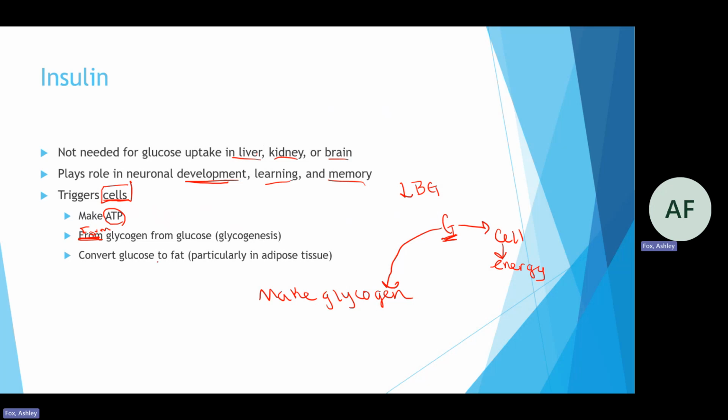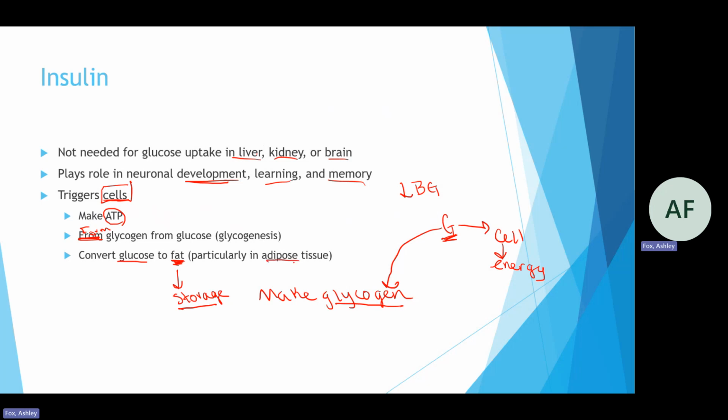Then we talked about with glucagon, fat being changed to glucose to be used for energy. The opposite can happen as well. So glucose is going to change to fat, which is another energy storage component. So we fill our glycogen and then we fill our fat storage.